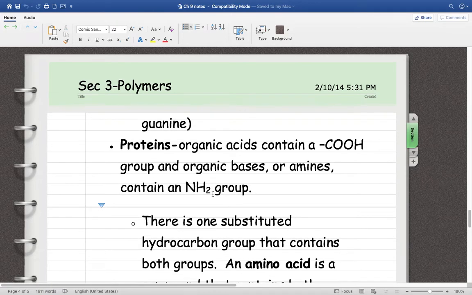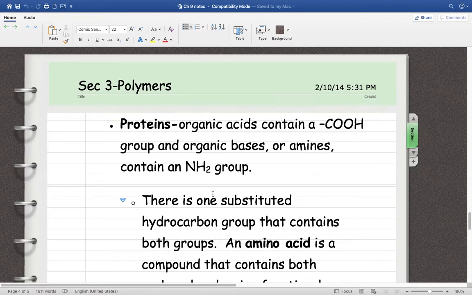All right, the next one is proteins. Organic acids contain a carboxyl group, COOH, which is organic acid, and an organic base, or an amine, which is an NH2 group. When you put those together, you have an amine group and you have an acid group. That means an amine acid.